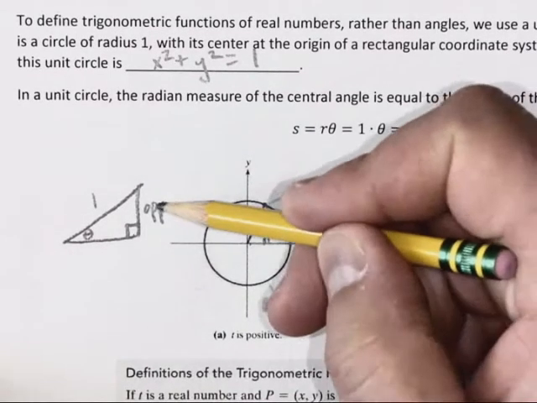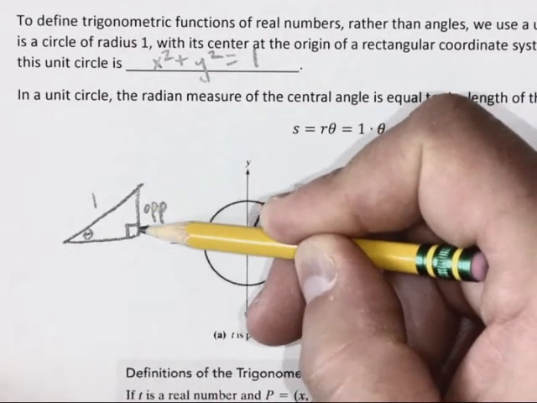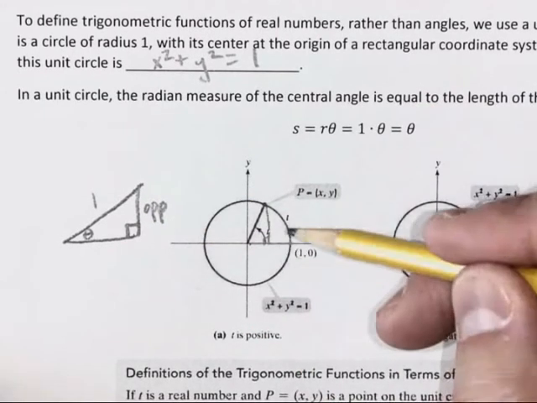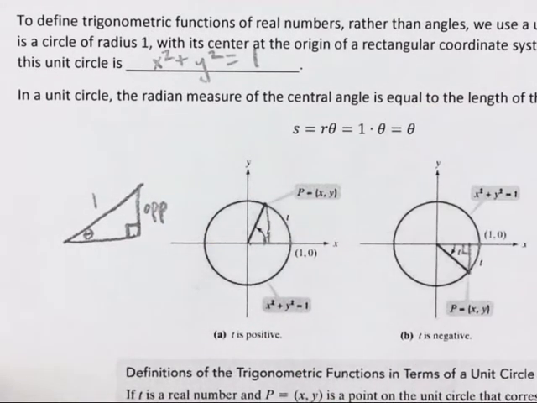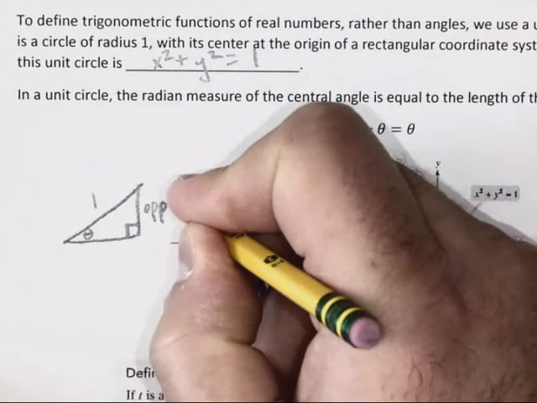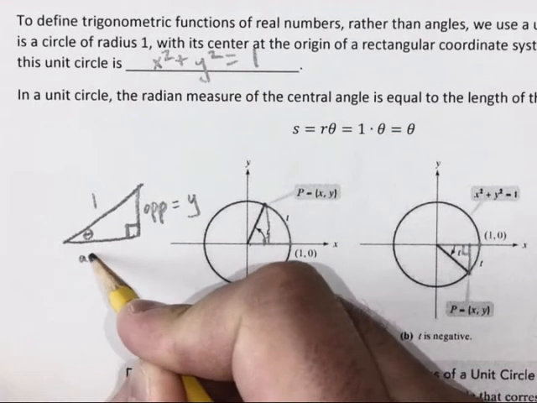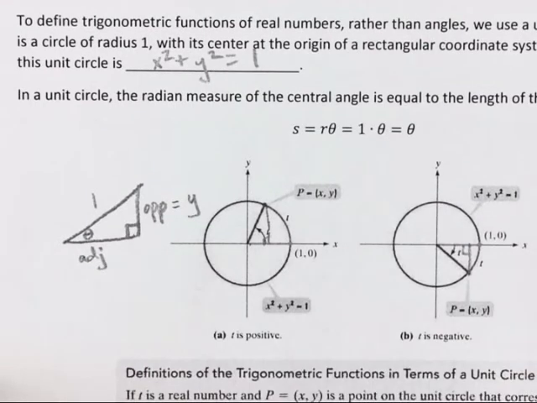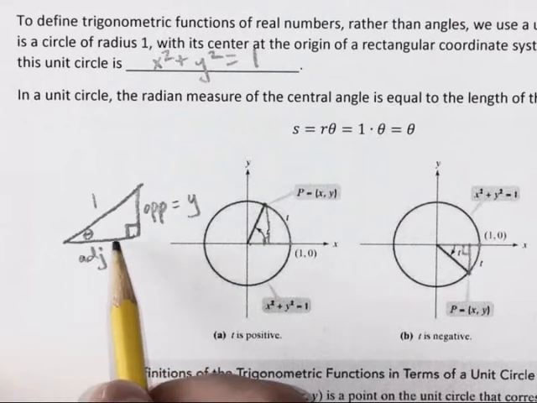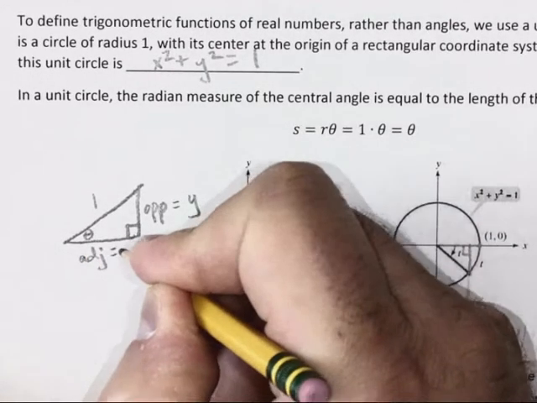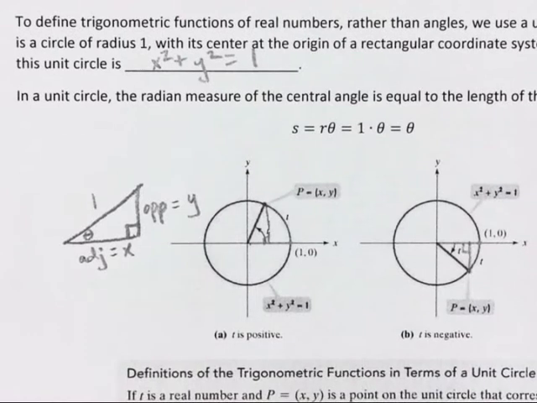And this opposite side gives me the vertical distance from the origin to the point P. So this is actually describing the y coordinate of point P. This is the adjacent side to the angle. This adjacent side is giving me the horizontal location from the origin to the point P. So this is actually giving me the x coordinate.